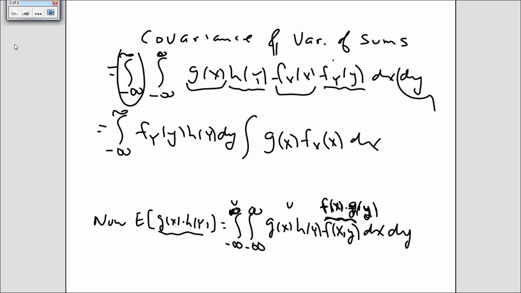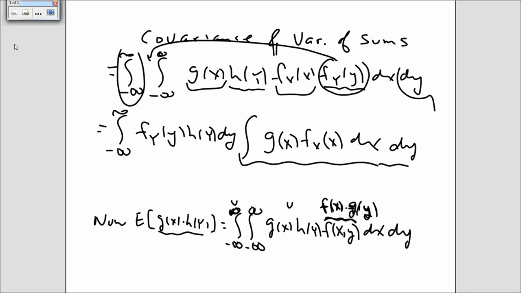I can put this in front of that inner integral sign. And then, since this part has no y's in it, I can even bring it in front. And that is what I did.